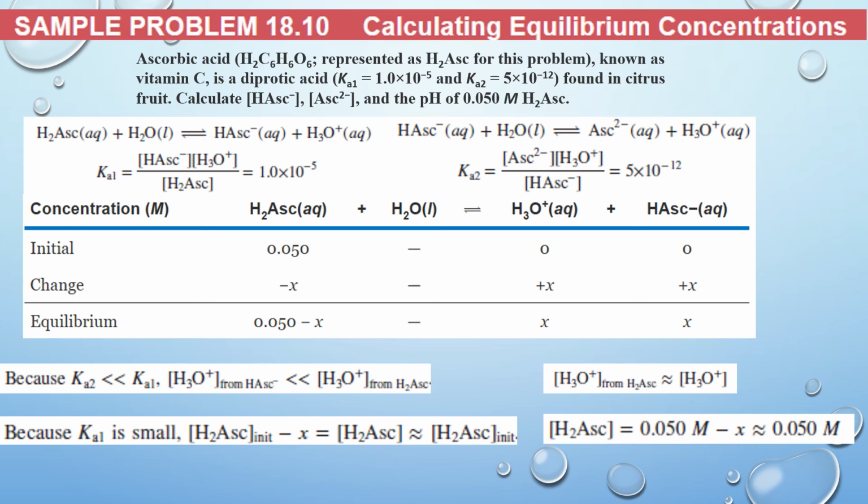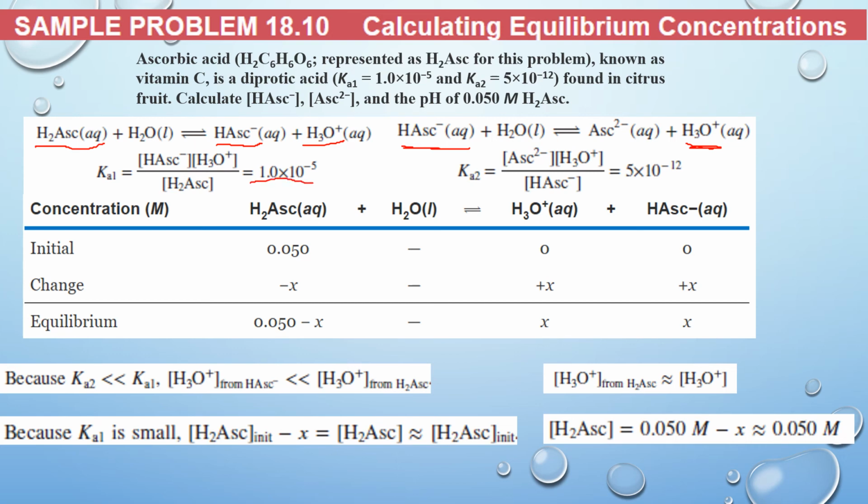The first equation here shows you the dissociation of this acid when the first proton is donated, and the second reaction shows you the donation of the second proton. The Ka values are given in the problem, so we can express Ka1 and Ka2 using these concentration terms.